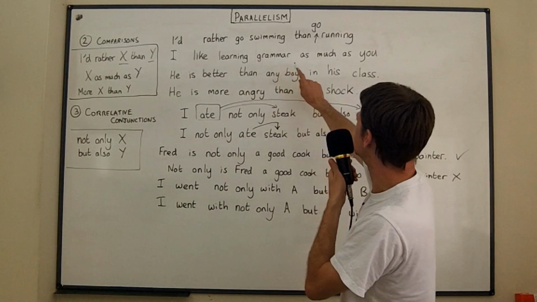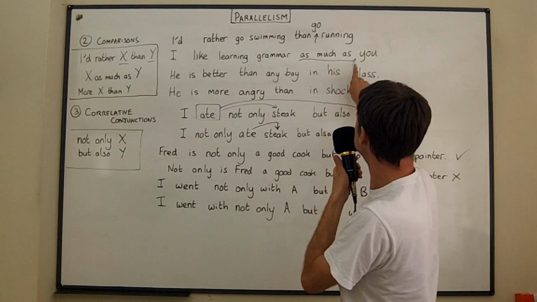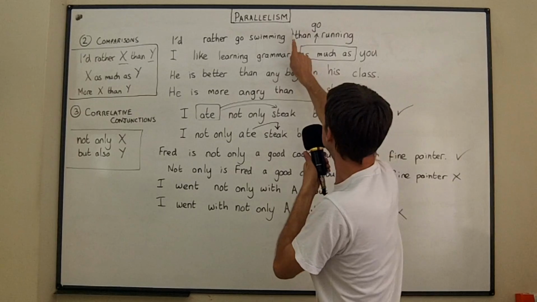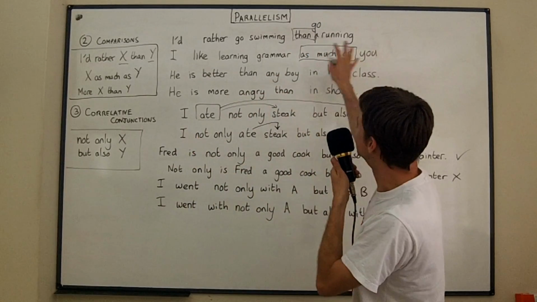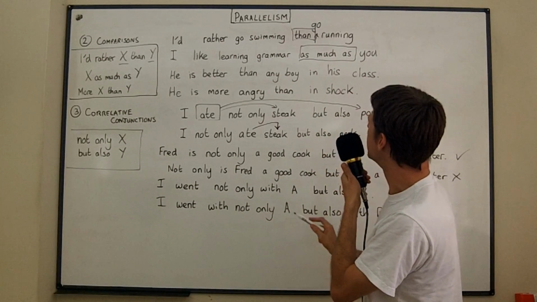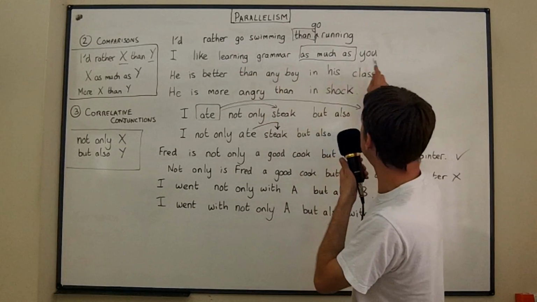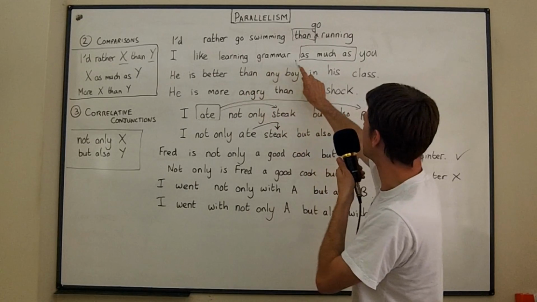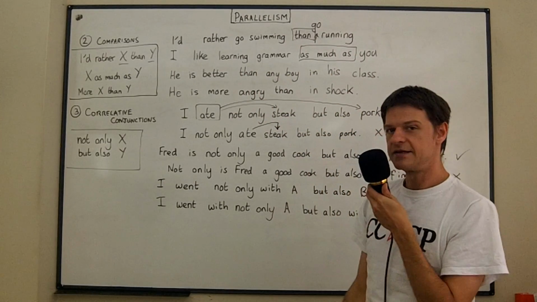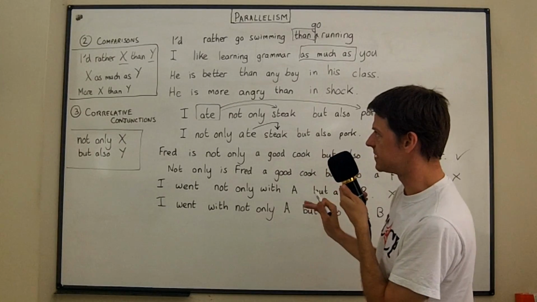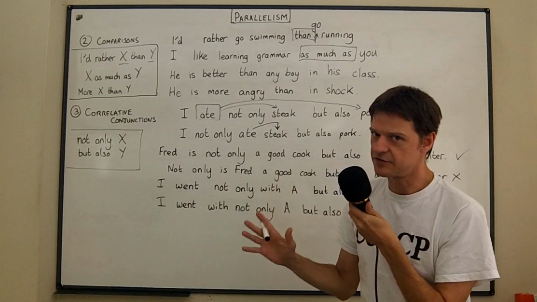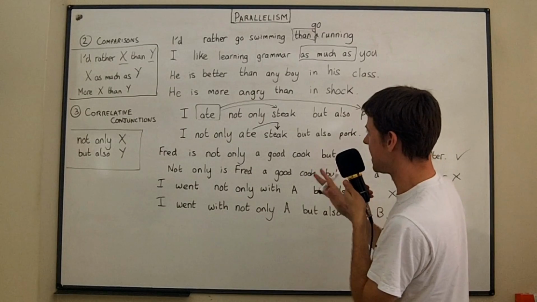I like learning grammar as much as, here's our kind of like than, the part in the middle of the scales which weighs up both sides, and this side should equal this side. I like learning grammar as much as you. And this is really ambiguous. When you think long and hard about it, we could actually be making a different comparison than perhaps I am.